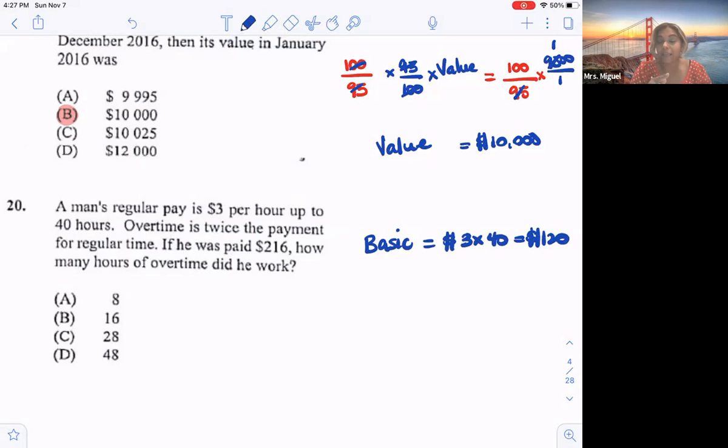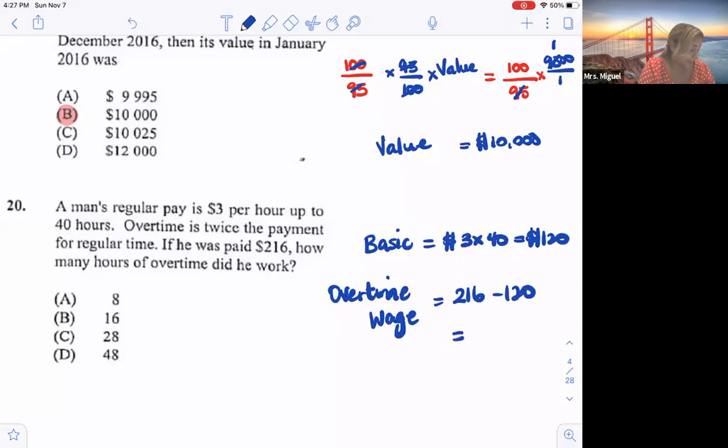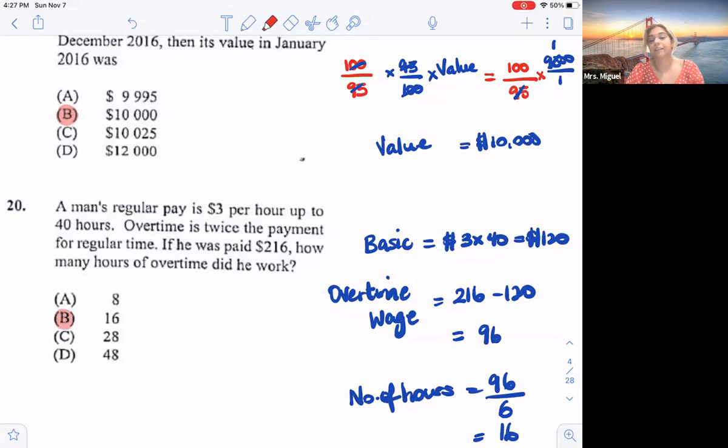But he worked overtime, so his overtime wage would be the difference: 216 minus 120, which is $96. So the number of hours overtime would be 96 divided by the rate, which is 6. And 96 divided by 6 is 16. So the man worked 16 hours overtime.